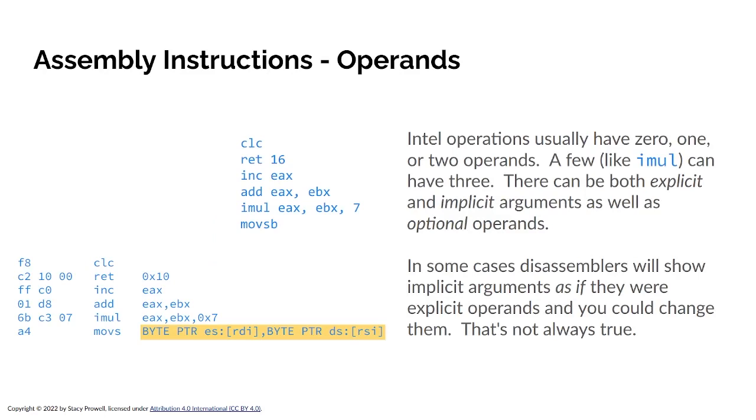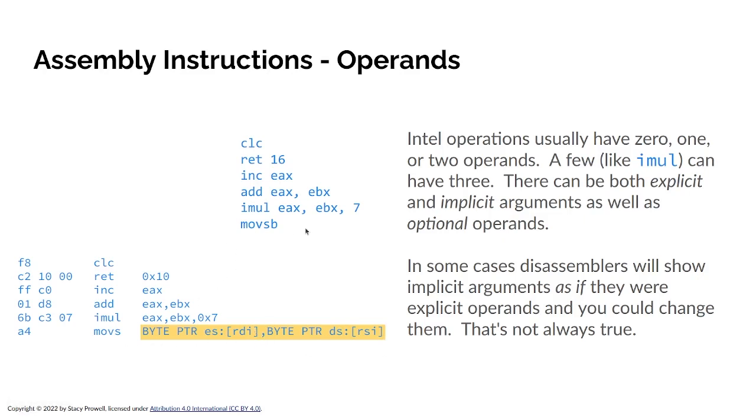Now, if I take the stuff up at the top here and I assemble it, and then I go and disassemble it with objdump, I'll see the stuff at the bottom. So some of this is pretty obvious. ret 16 becomes ret with a hex 10 because hex 10 is 16. These all look the same, but look at this. This has what appears to be a byte pointer to RDI, a byte pointer to RSI. It seems to have two arguments separated by a comma. It does not.